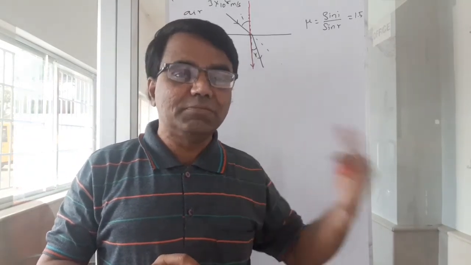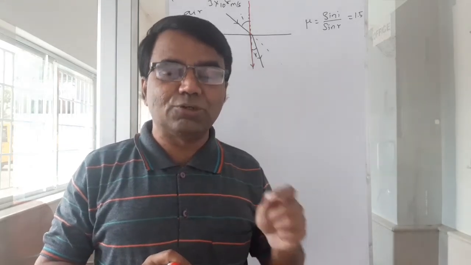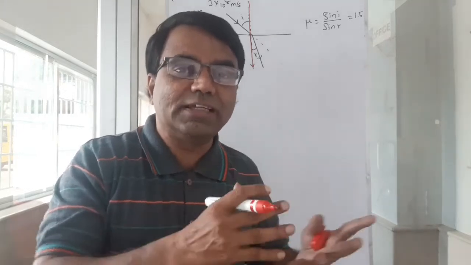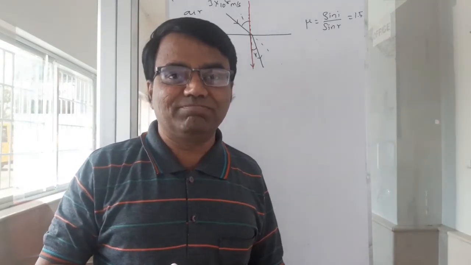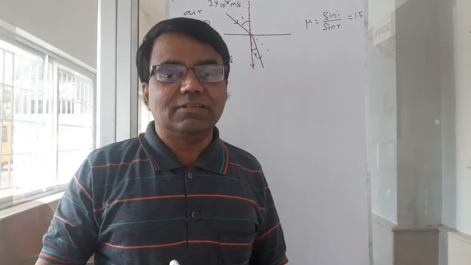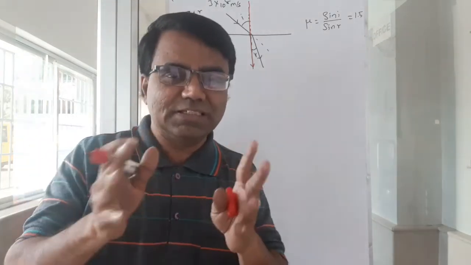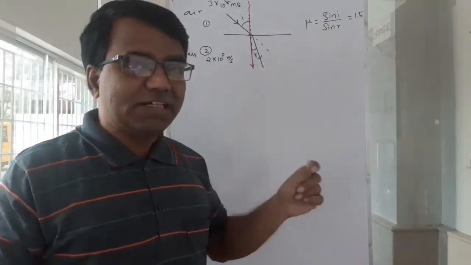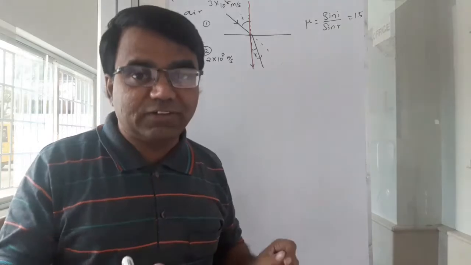And remember, in limits and continuity, when you get 0 by 0 value, you go ahead and find other ways of figuring out the limiting value. You don't allow 0 by 0 to be your answer. Here also, I get 0 by 0. But does it mean that it doesn't have a refractive index? It does. The value is 1.5.